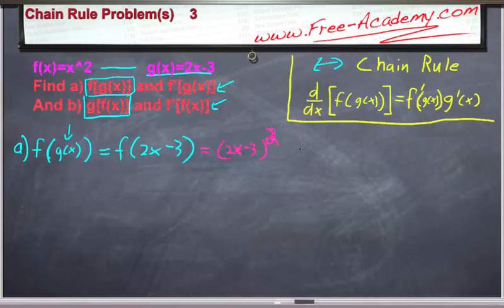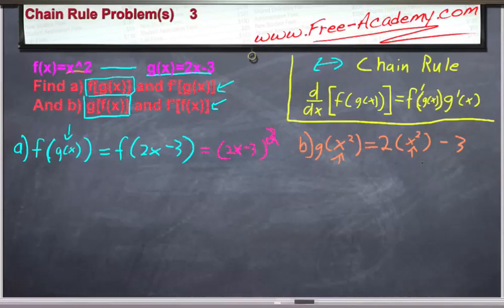Now we'll do the same thing for part B. We're going to find g of f of x. I'm going to erase this and put in the value for f of x, which is x squared, so it'll be g of x squared. Now we write out the equation for g of x, which is 2 parentheses minus 3, and wherever the parentheses is, we put in the value of our function.